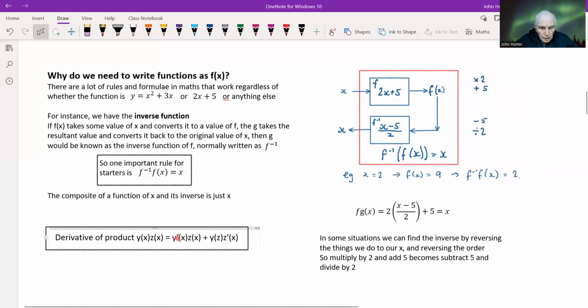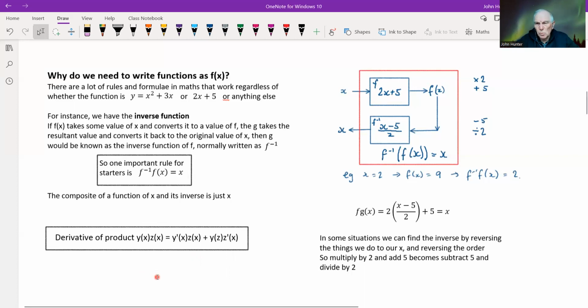That's what this y prime is an abbreviation for: y prime times the function z, plus y times the derivative of z. So there is quite a good rule as to how we form the derivative of the product of two functions, regardless of what those functions actually are.